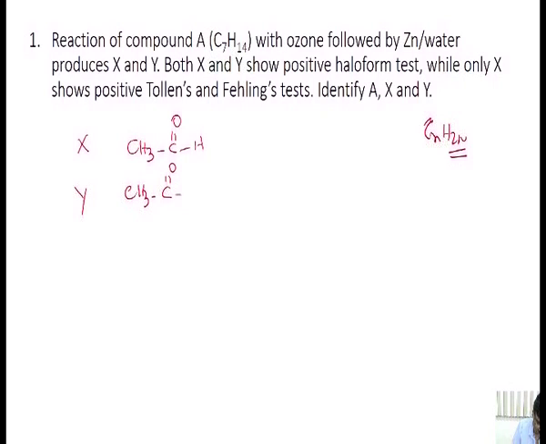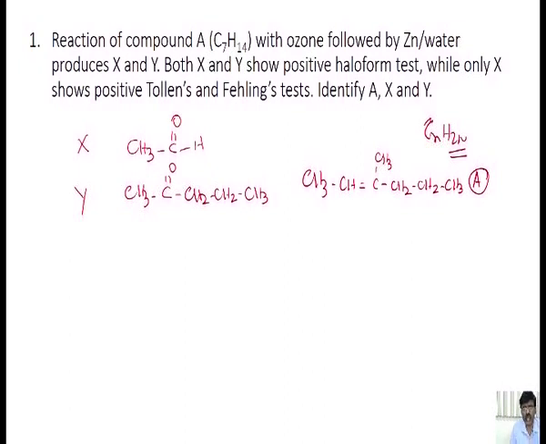We have to add the remaining 3 carbon atoms. This will be the Y. From these 2 compounds, now you can try to write the structure of the olefin as this. This is the structure of the alkene.